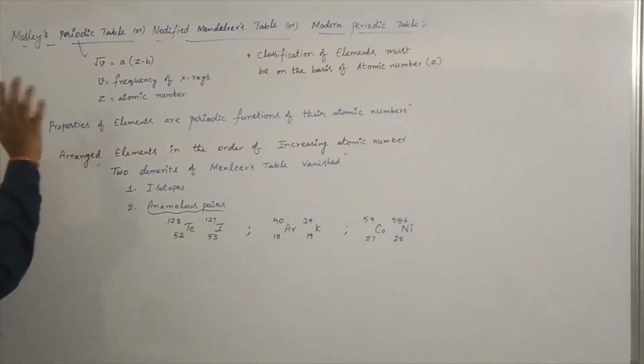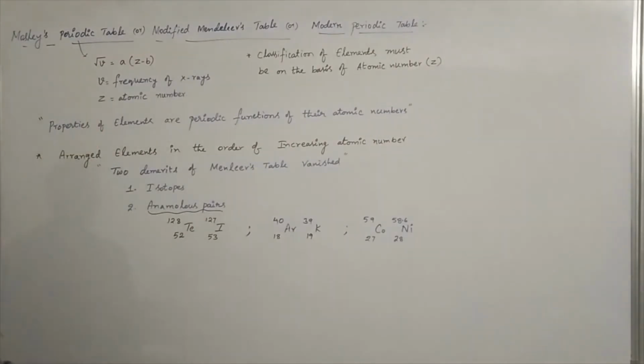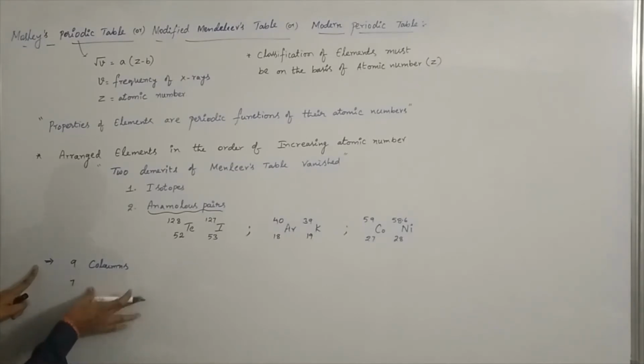Now, what is the basic structure of Moseley's table, or the modified Mendeleev's table? Basically it possesses 9 columns and 7 periods, or we call them 7 rows.